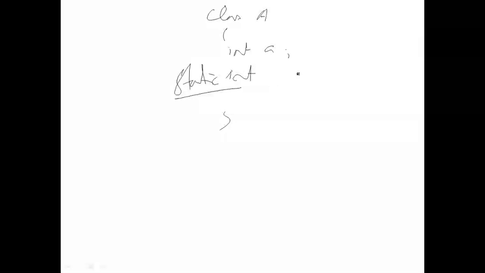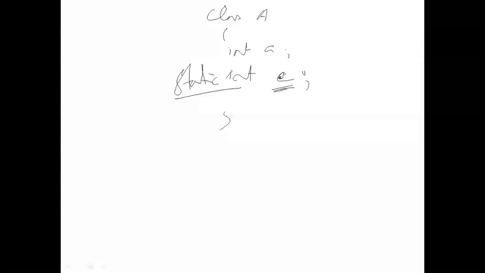So let's go to the next section. If we make a member static, that is, a variable which is a part of the class A, suppose we have a variable A and another variable called static int C. So C is a static variable.